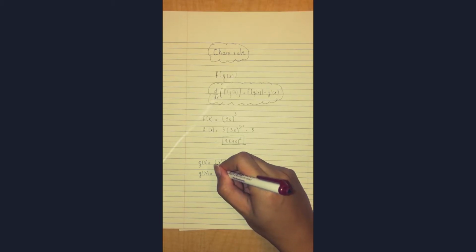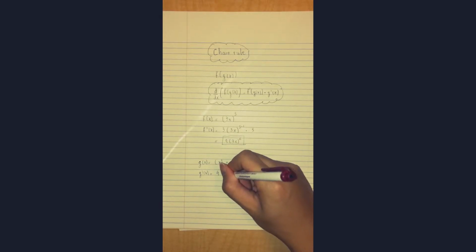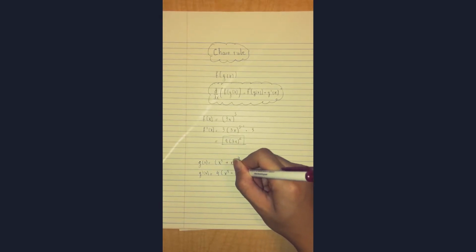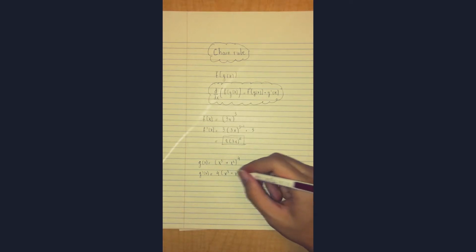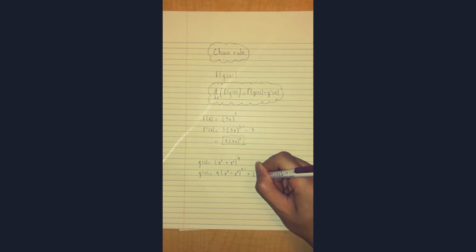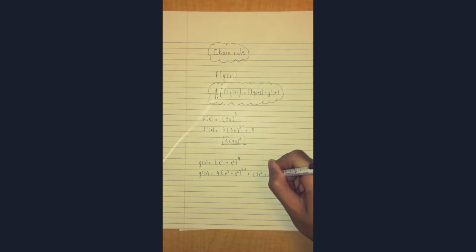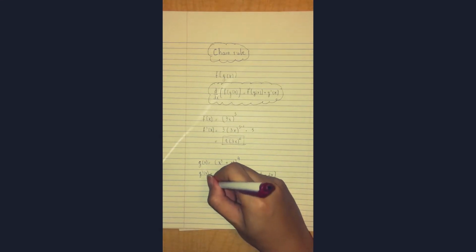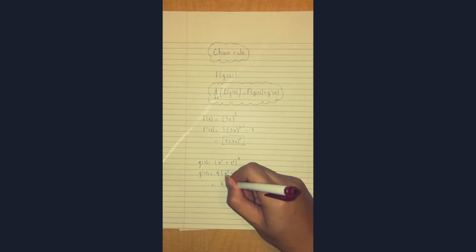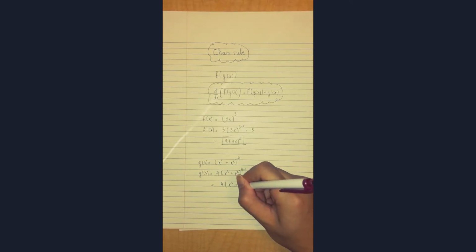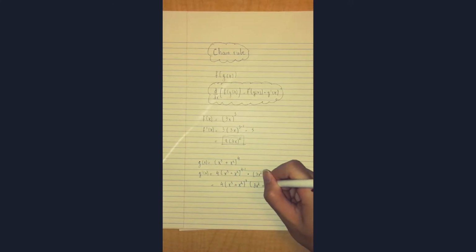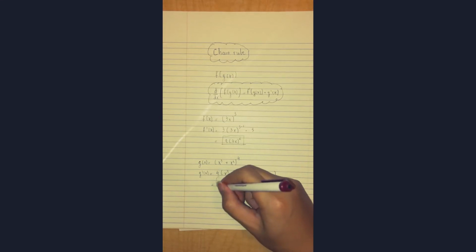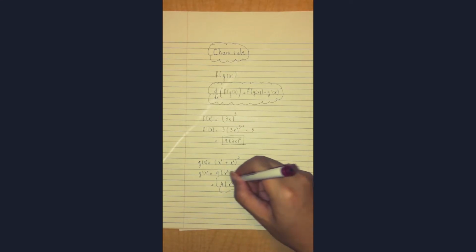So therefore, 4, keep the inside, and then multiply by the derivative of the inside, which is 3x squared plus 2x. And putting them together, you get 4 times (x third plus x squared) to the third multiplied by (3x squared plus 2x). And that is how you do the chain rule.